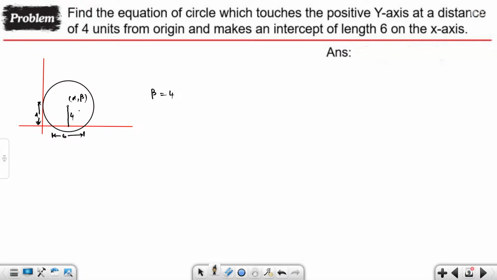So the center is basically lambda comma 4. Now, from the center, if we draw a perpendicular on the x-axis, it will definitely bisect the chord. This we all know. So this length is basically 3. Now let me join this point with the center.